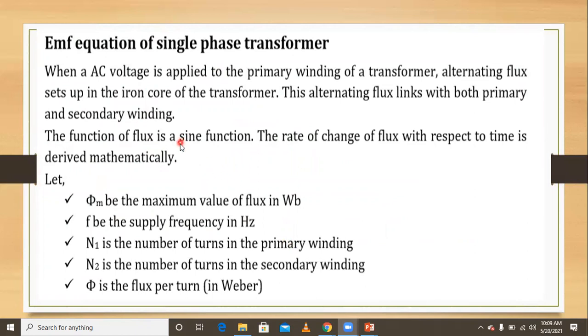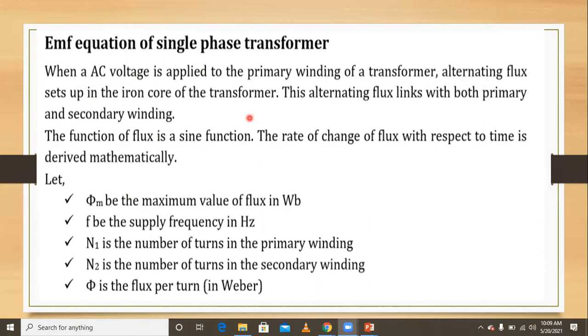In this way it is also possible to derive the EMF equation of the transformer. When AC voltage is applied to the primary winding of the transformer, alternating flux is set up in the iron core of the transformer. The alternating flux links both primary and secondary windings.